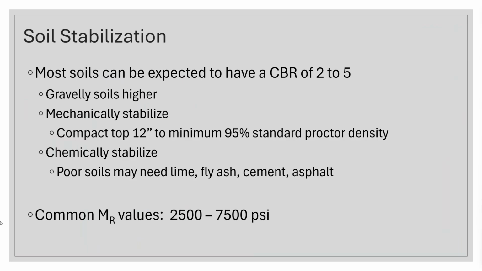If we're building a road, we want to compact that subgrade soil, and usually specs are going to tell us to compact the top foot of material to a minimum of 95% of that maximum dry density, which is like a standard Proctor value, the maximum density that you get from that soil density relationship. That will happen at some optimum moisture content.